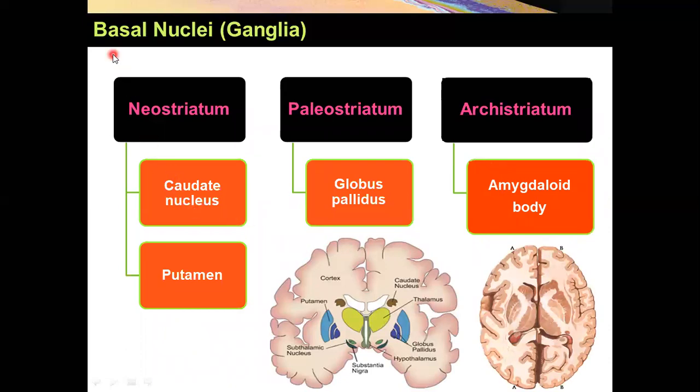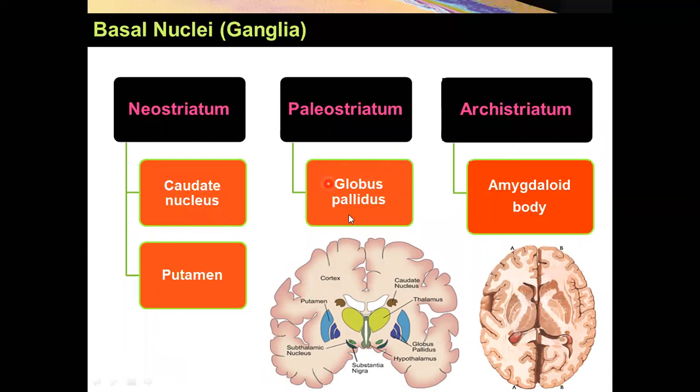Now, phylogenetically, our basal nuclei are divided into three areas in terms of where they belong. Now, the amygdaloid body belongs to the oldest part of the brain, the archistriatum.